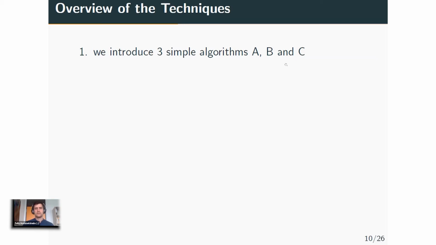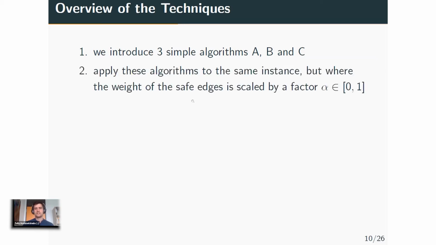Then we will see that scaling the cost of the safe edges, that means we make the safe edges cheaper, so there is incentive to buy more safe edges, is actually a good thing. And then we obtain a number of new instances, and we then apply the algorithms B and C to these new instances.